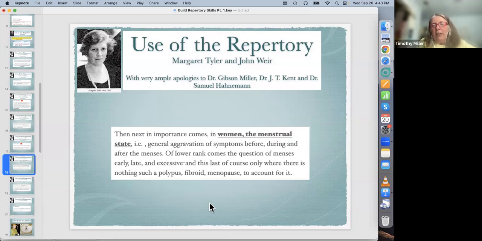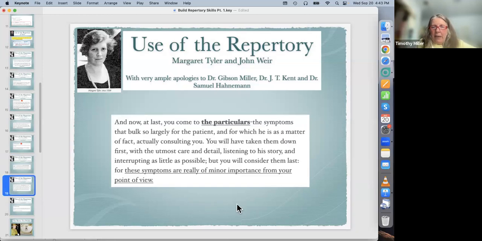And finally, well, not finally, next in importance comes in women, the menstrual state. She's going to talk about which elements of menstruation are important. Now, I love this quote: and now at last you come to the particulars, the symptoms that bulk so largely for the patient and for which he is, as a matter of fact, actually consulting you.